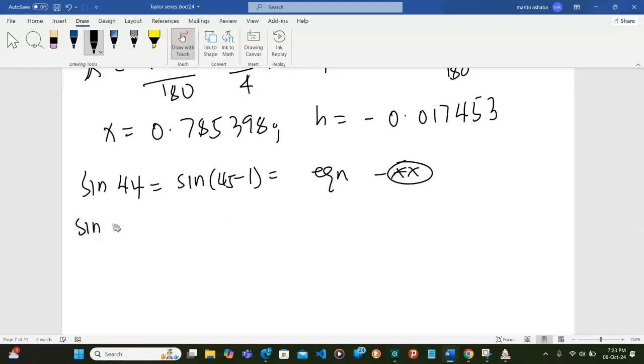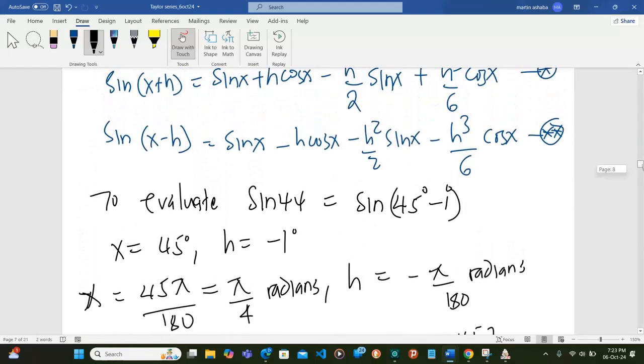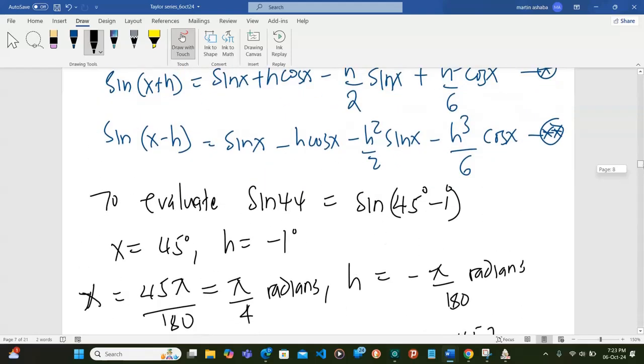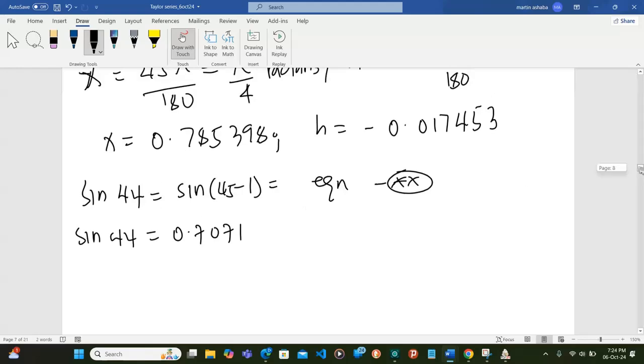So sine 44 will equal sine x. Sine x, we are going to take sine of pi out of 4. So sine of pi out of 4 is the same as sine 45, which is the same as 0.7071.